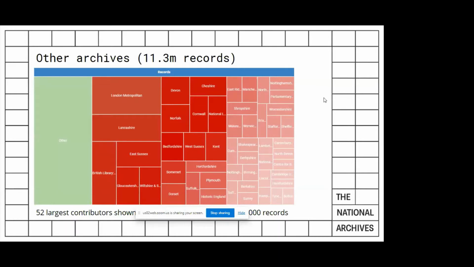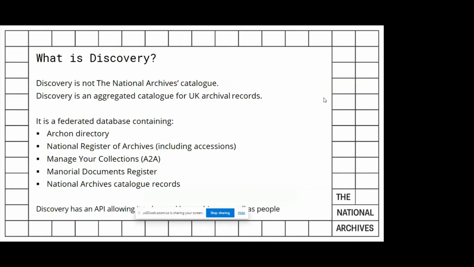So we have very large numbers of collections represented in Discovery, and Manage Your Collections has got over 250 active archives using the service. So there's a real mix of data in there. So to understand then that Discovery isn't the National Archives catalogue. It's your catalogue and a lot of other people's catalogues, and it's a federated database.